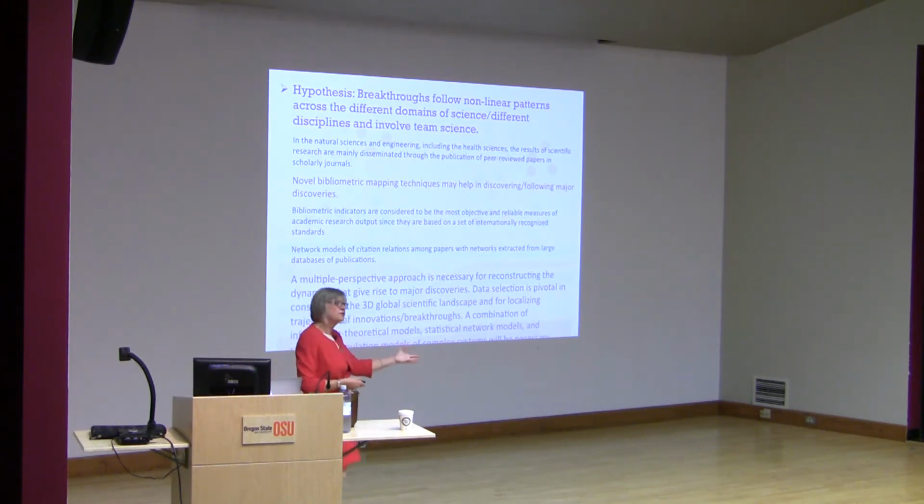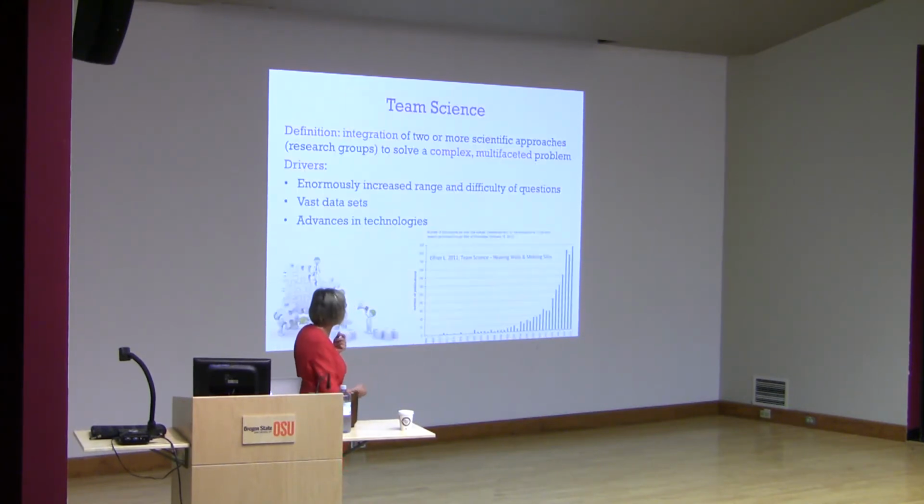Again, what you need to do for that is look at bibliometric data, and that can be quite difficult. And again, doing this, you need network models, and probably what you also need is a combination of statistical and stochastic simulations to try to find out what's going on. And I apologize that this is cut off here. Probably we should have checked the resolution of the screen before I started, and we didn't do that.